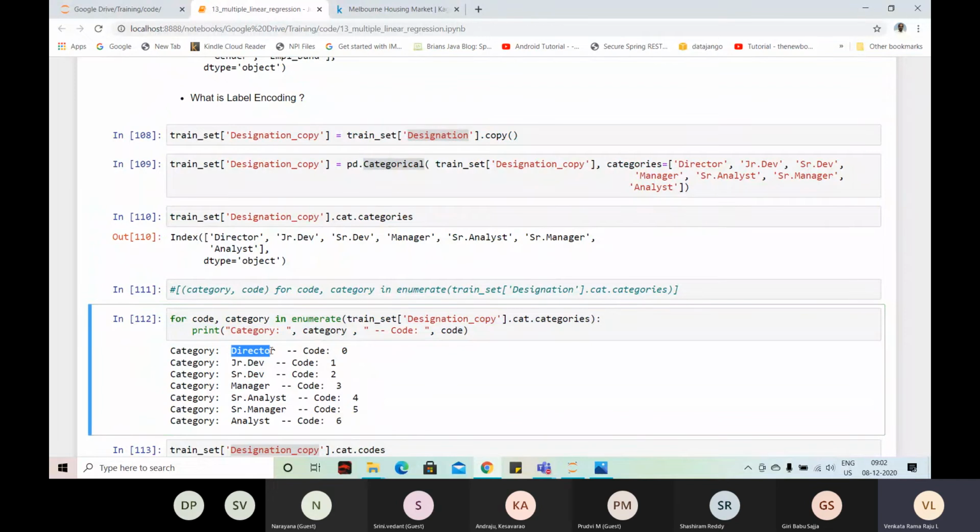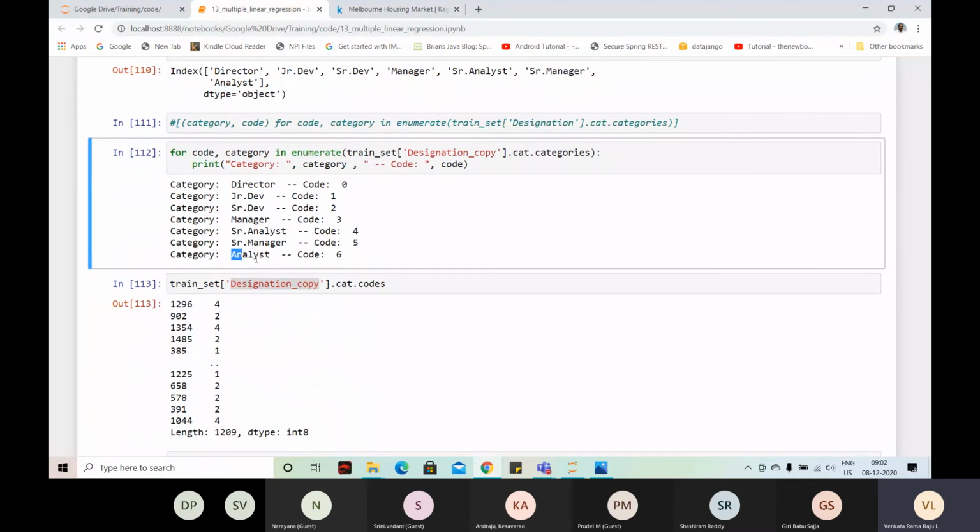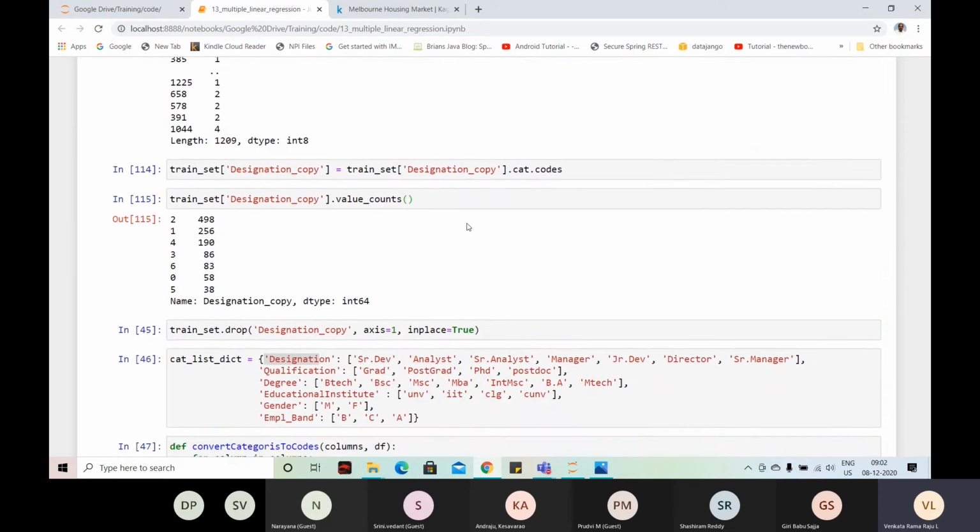I think Seshiram's question is whether it is appropriate to assign 0 to director and 6 to analyst, right? Yeah, in that specific case, but are we considering any pattern from the column and then assigning these values? No need to find a pattern. You can assign any number to any category, but it should be consistent in the test set and production also.